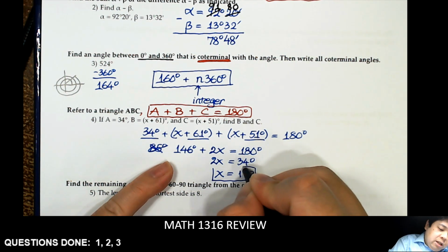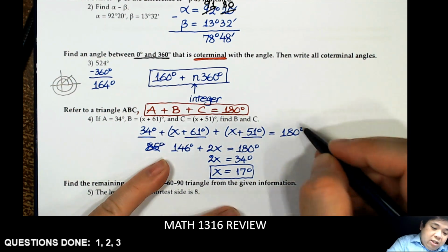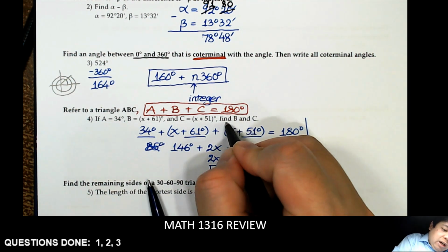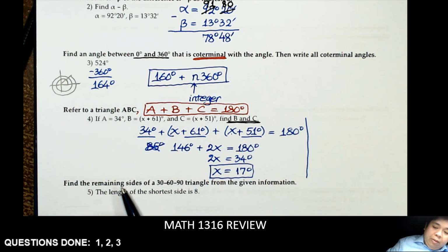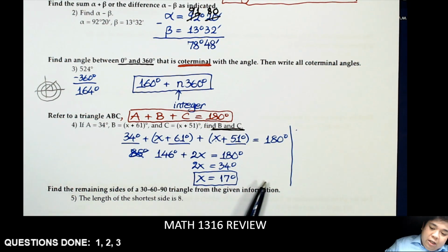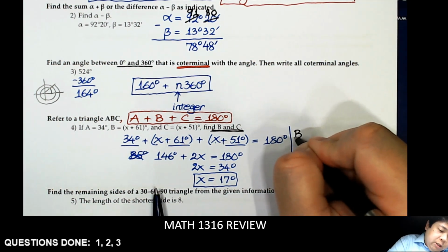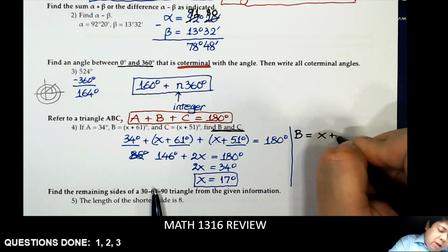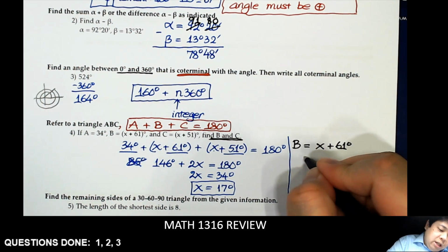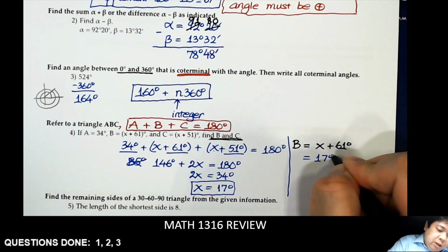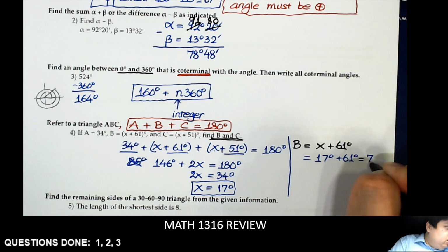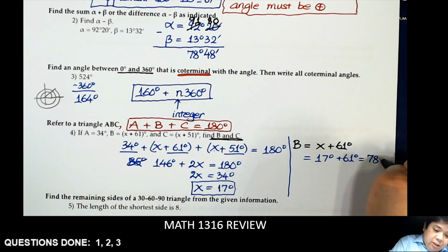The question did not ask us for x. The question asks for angles A, B, and C. Angle B is equal to x plus 61 degrees, so 17 plus 61 is 78 degrees.